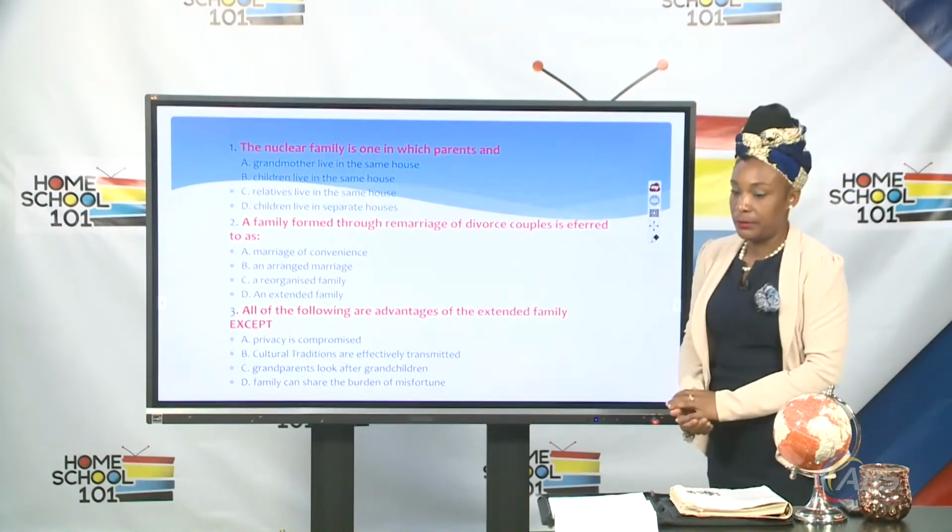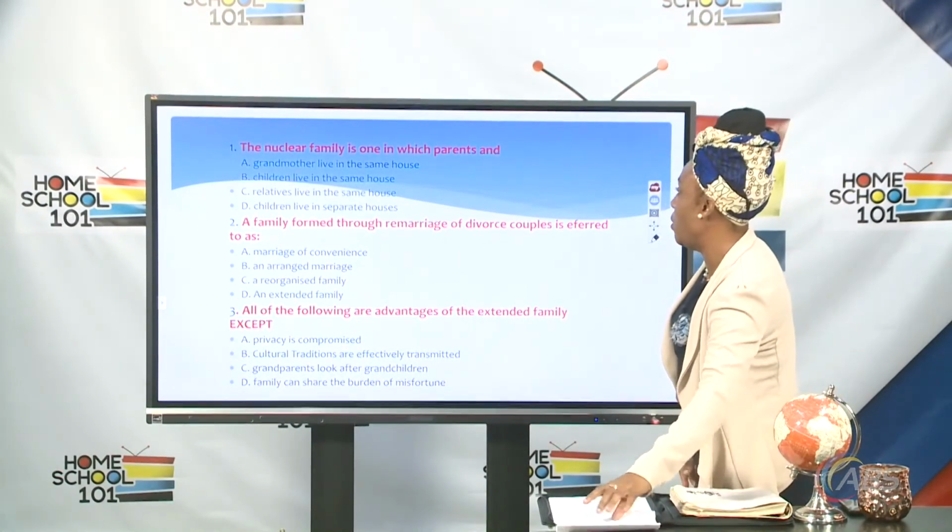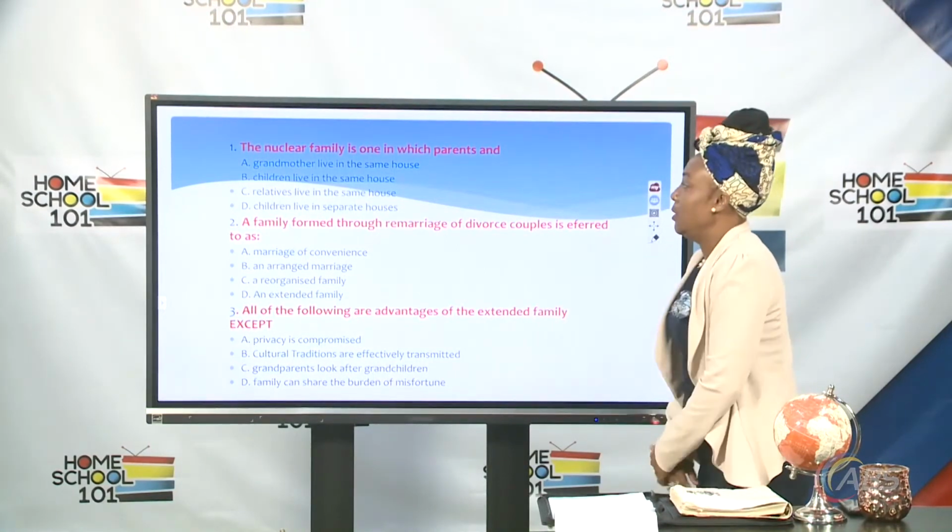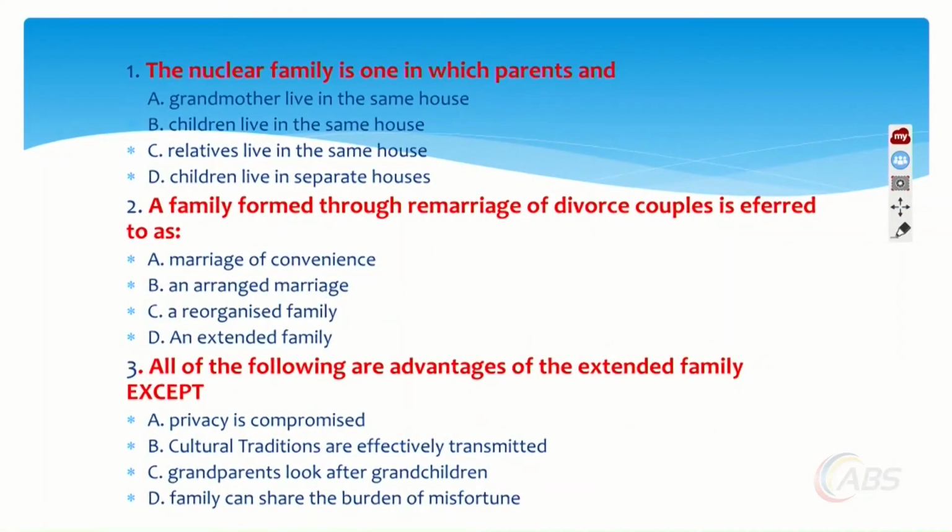All right, again, as I said, can't get away from our questions. These are the questions that we're going to be asking just on the information that you gathered from the last 10 minutes. Okay, so the nuclear family is one in which parents and A, you have grandmother live in the same house. B, children live in the same house.